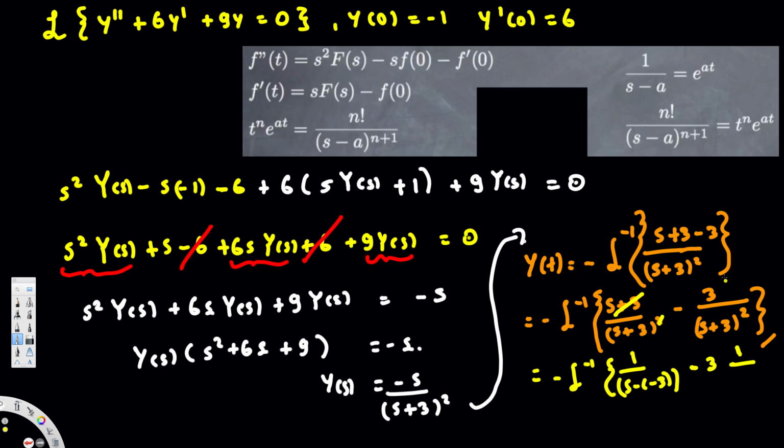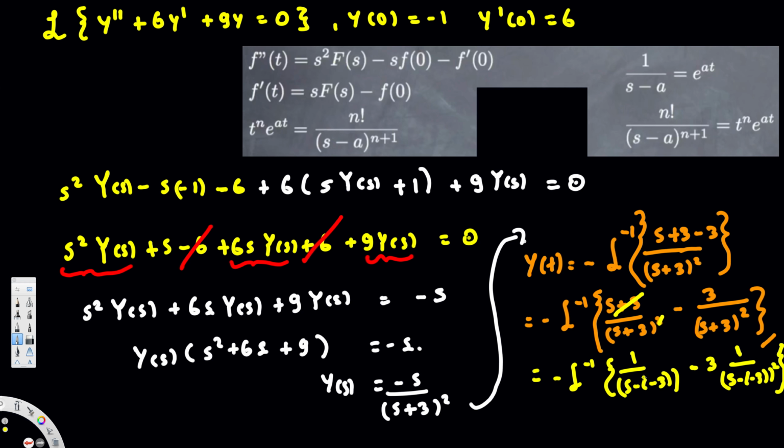So this will become 1 less power, because we had to have 1 factorial in order to convert this one into the second pattern. So this is going to be 3 over (s minus minus 3) whole square, and this is actually 1 factorial. 1 factorial is basically 1, so we can just keep it like this.